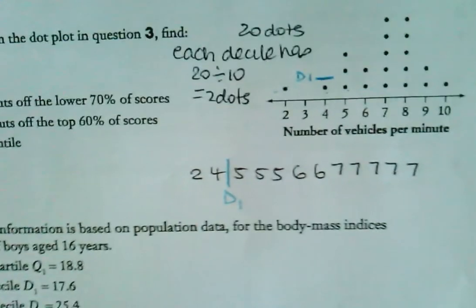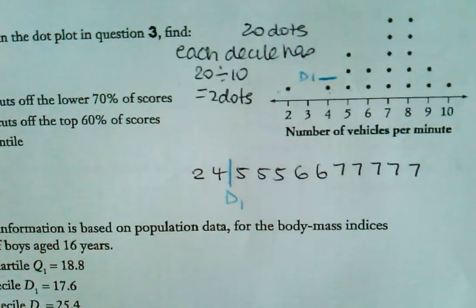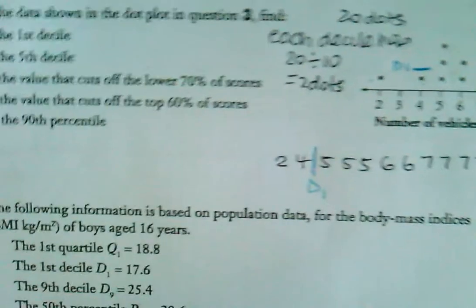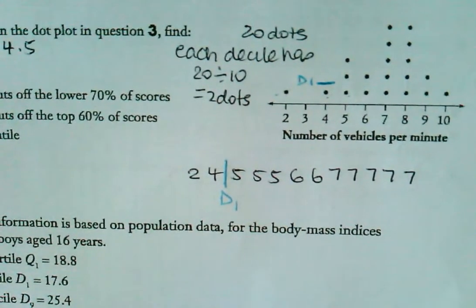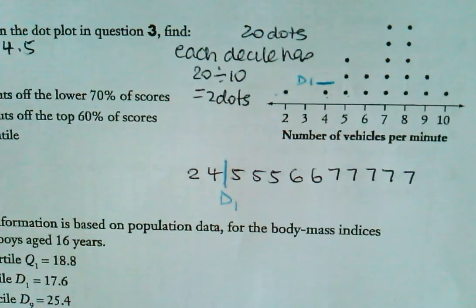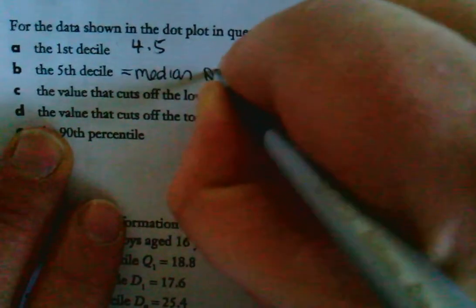Can you see you need to average 4 and 5, which is? Great. So we average 4 and 5. The fifth decile, what's another name for the fifth decile? What's its special name? The median. The fifth decile is just the median, which is Q2 as well.